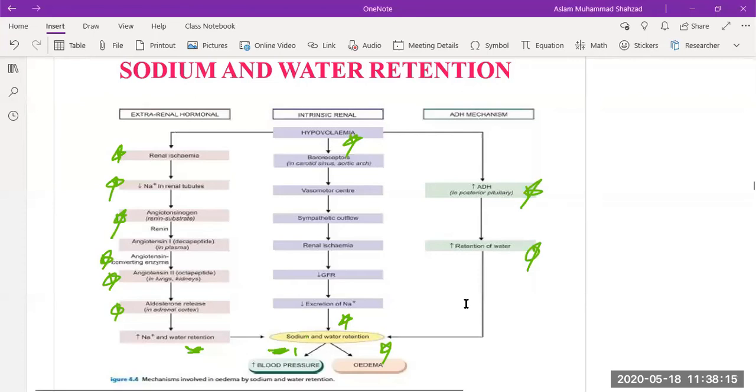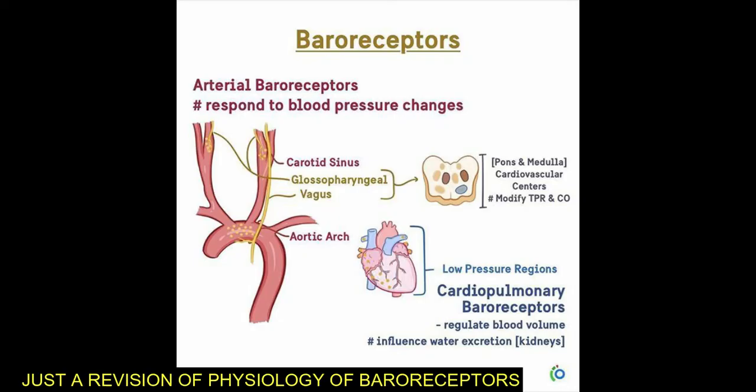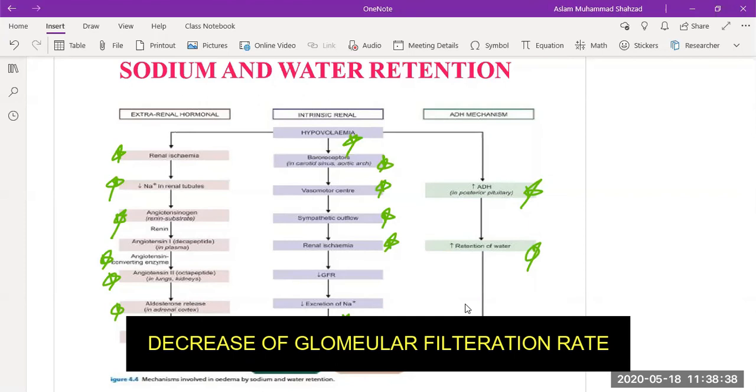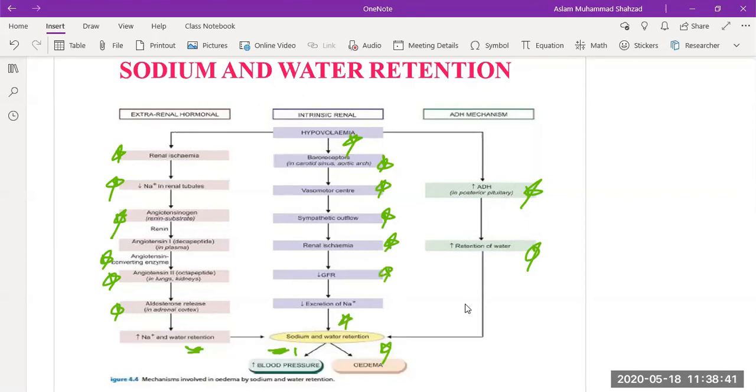So what happens is that because of the hypovolemia, there are baroreceptors in our body in the carotid sinus and aortic arch, and they activate vasomotor centers, which increase the sympathetic outflow that results in renal ischemia, and that renal ischemia leads to a decrease of the glomerular filtration rate, and then there will be a decrease of sodium excretion, and that results in water retention.